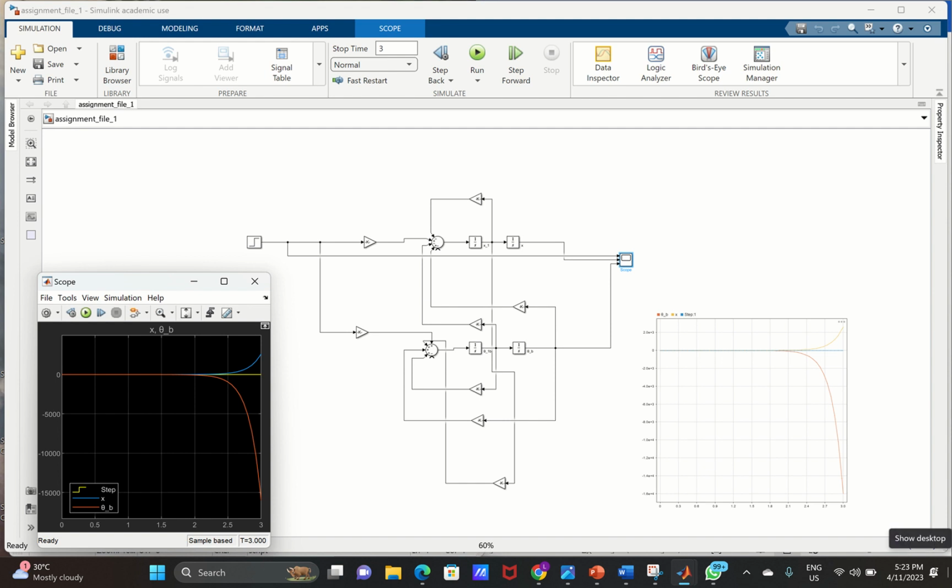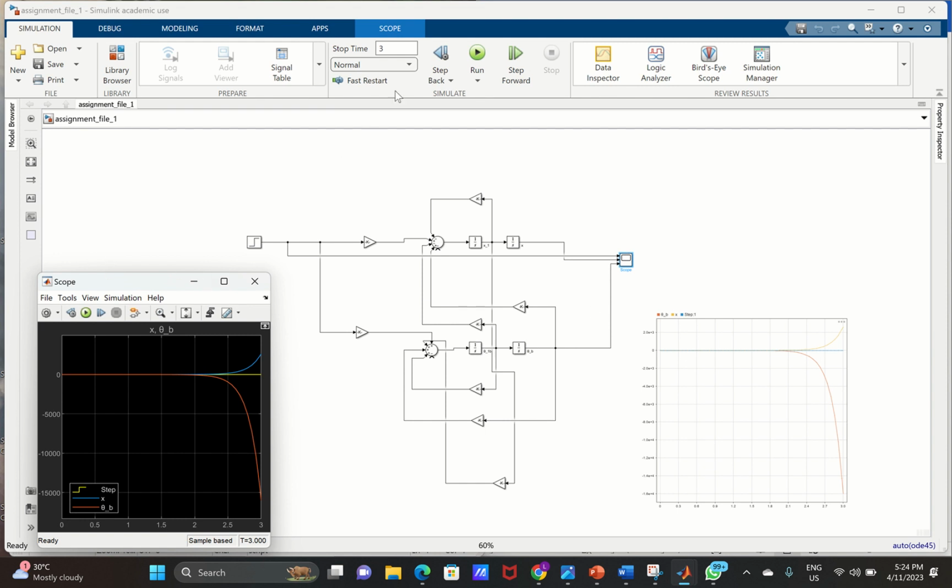To briefly highlight why the system is called unstable: a stable system is one that produces a bounded output for a given bounded input. For this system, we have a bounded input, which is a unit step function, right here. We would expect to get a bounded output, which is not the case. Also, an unstable system is majorly a system that's out of control.